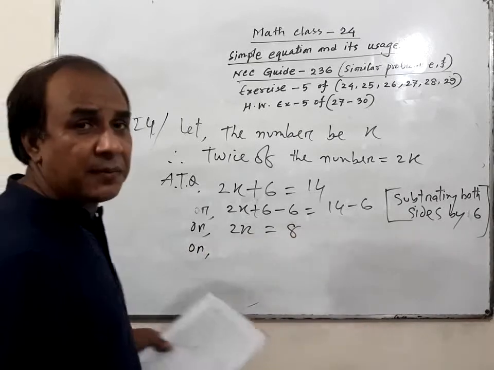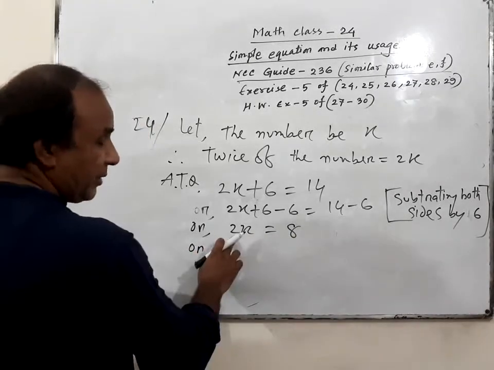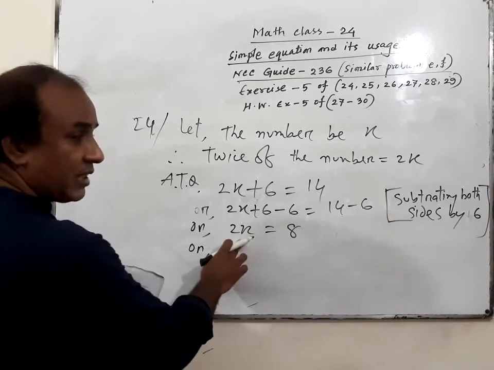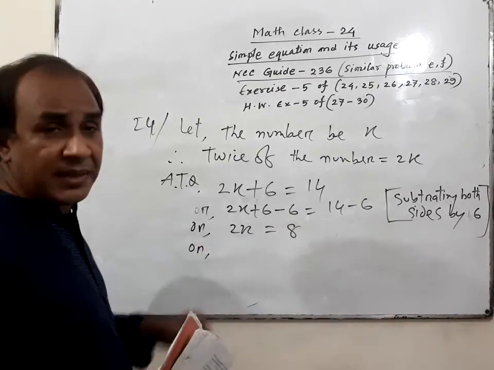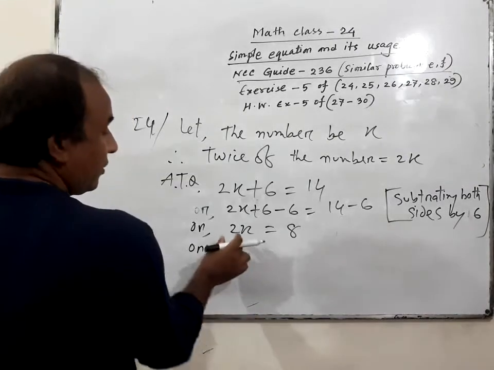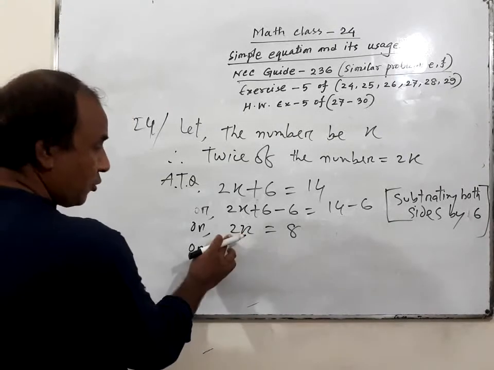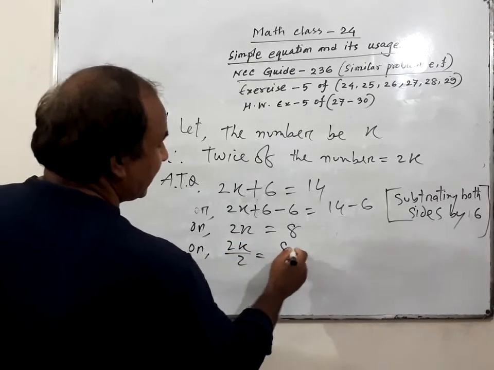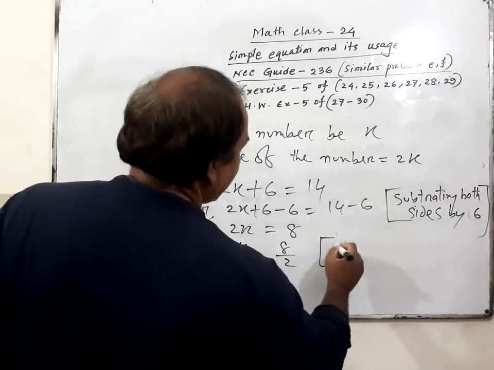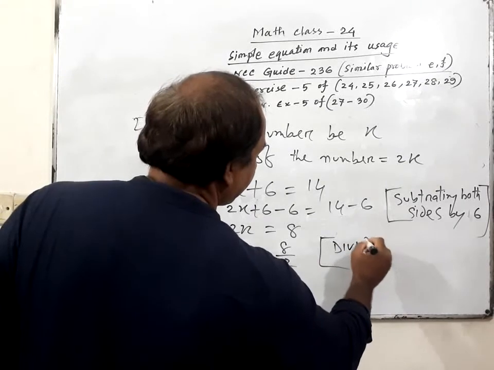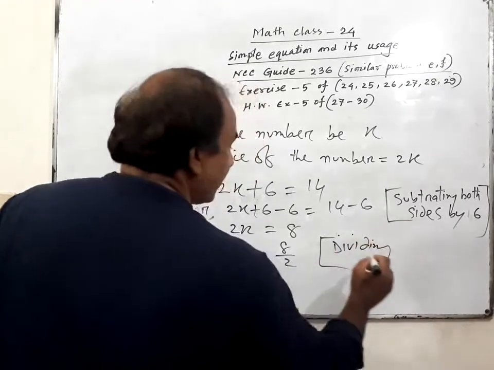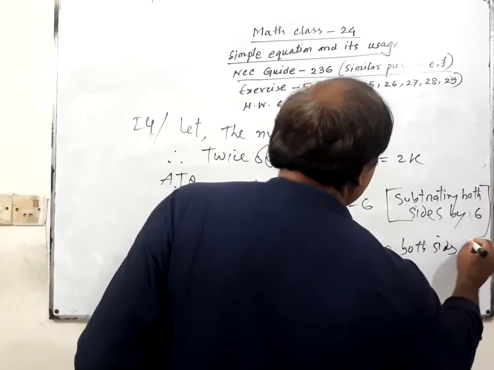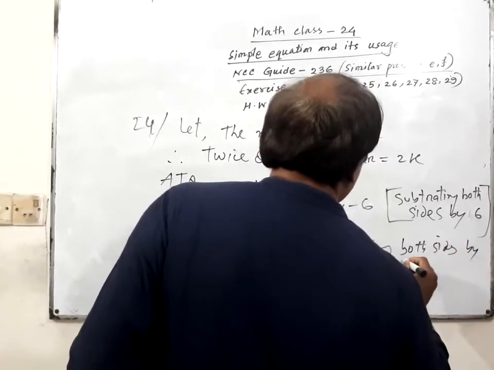Now again we have to divide. 2 and x are multiplied together, so we have to divide both sides by 2.